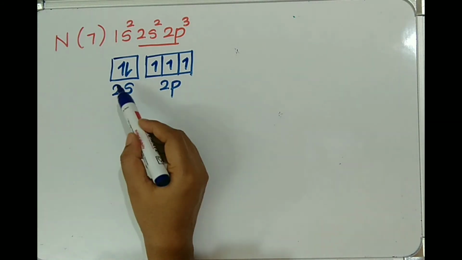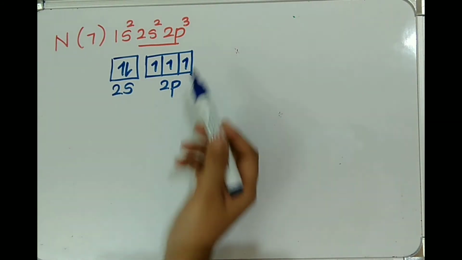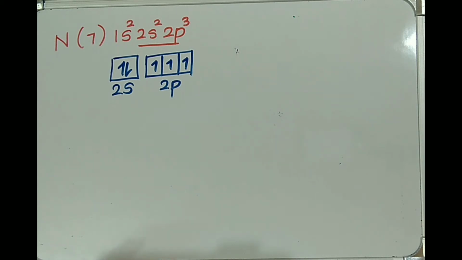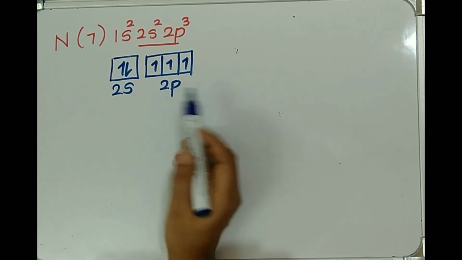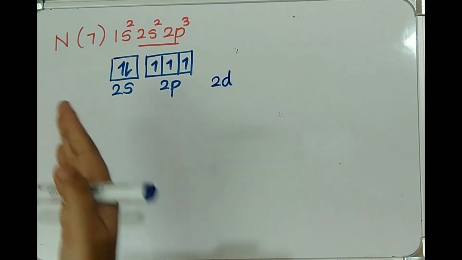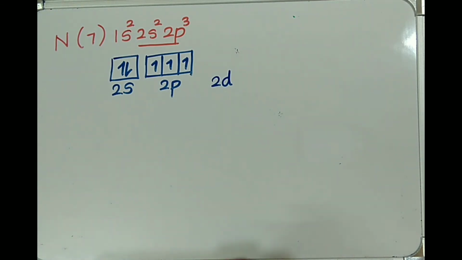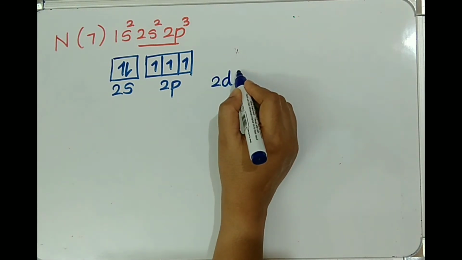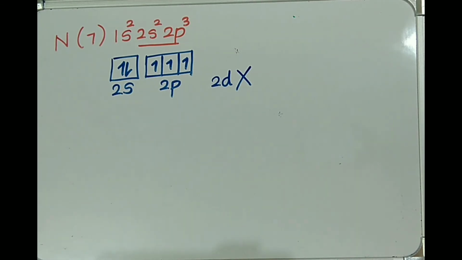Now, to excite the electrons of s orbital or to make it unpaired, d orbital should be present. But after 2p, 2d orbital is absent in nitrogen. Moreover, 2d orbital does not exist.